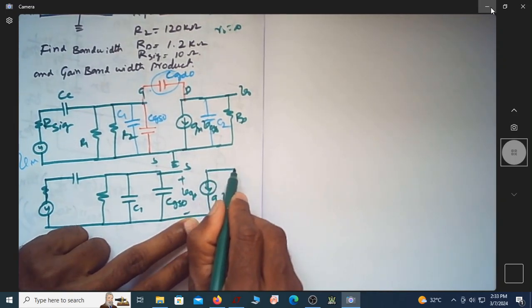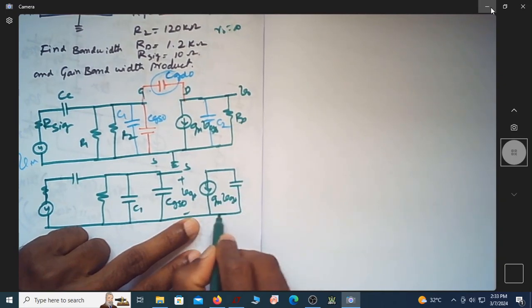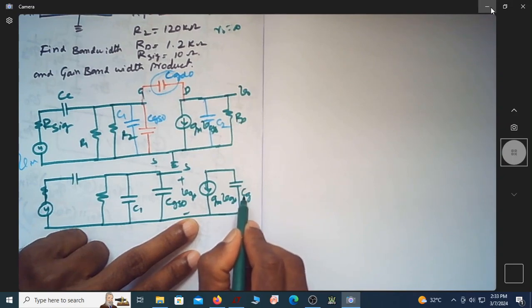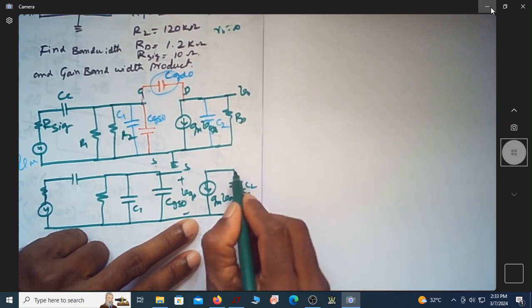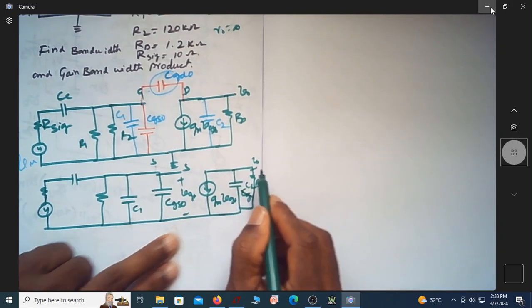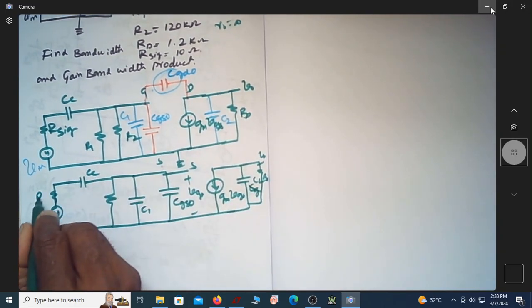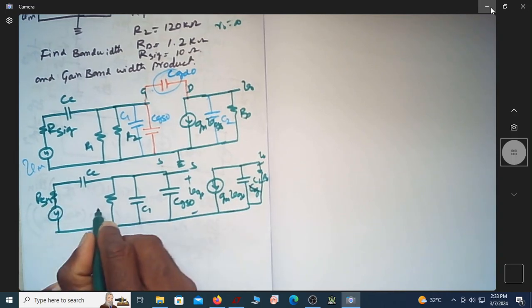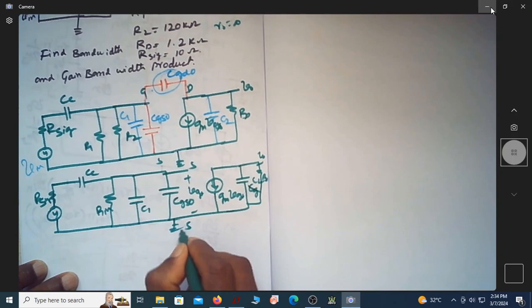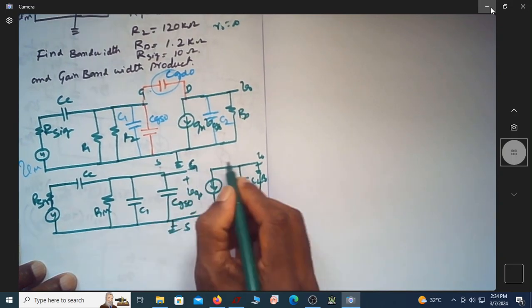I have a capacitor which is C2, and this is RD, this is V0, this is CC, R signal, R in, and so on. So this is AC ground, source, this is actually gate, this is drain.